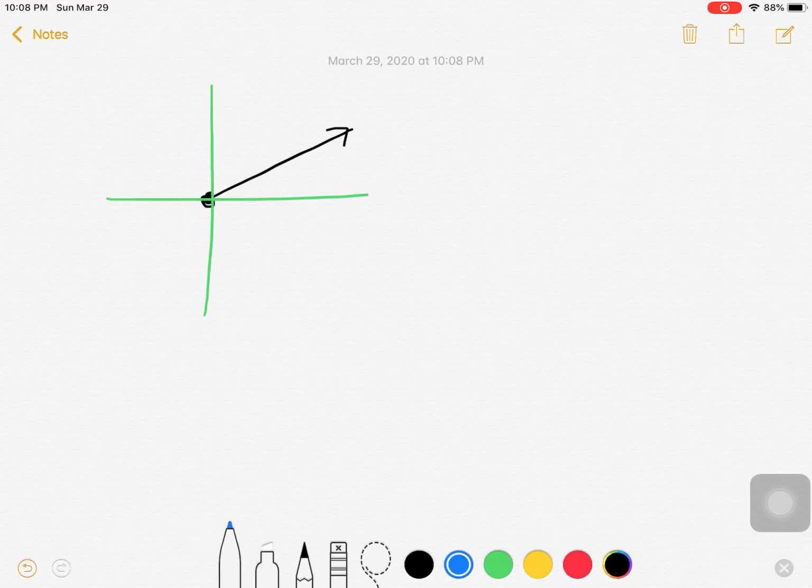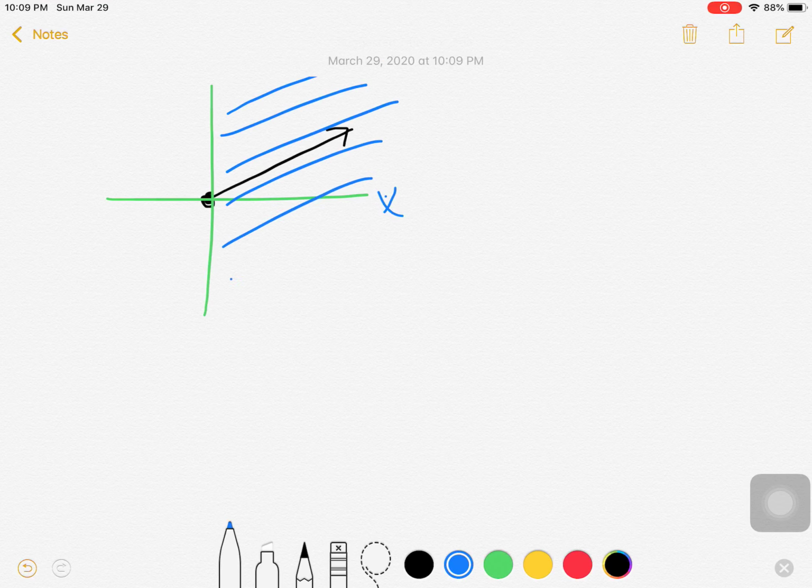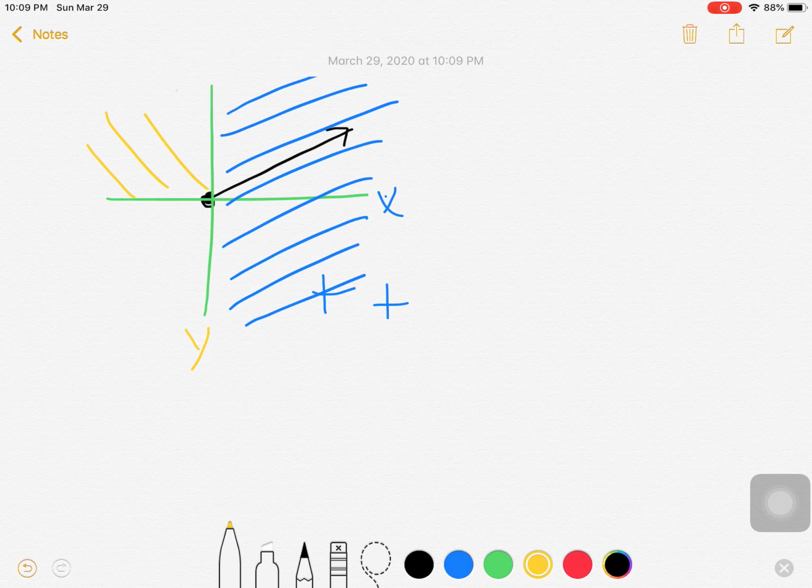So, if we think about the x-axis here, this is the positive x-axis, and if we think about the y-axis here, this is the positive y-axis. So the arrow is going to point into one of these four quadrants.